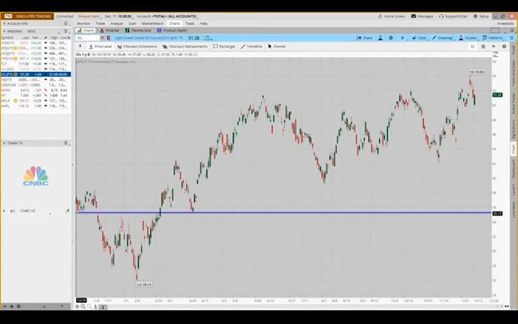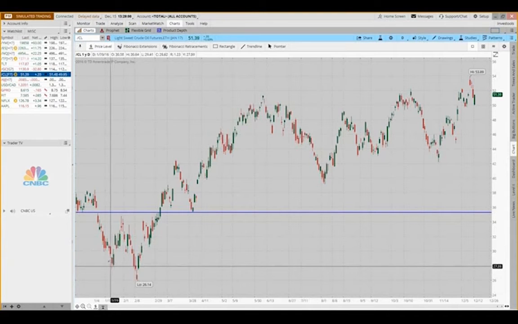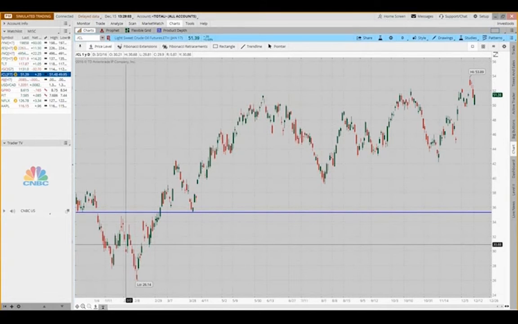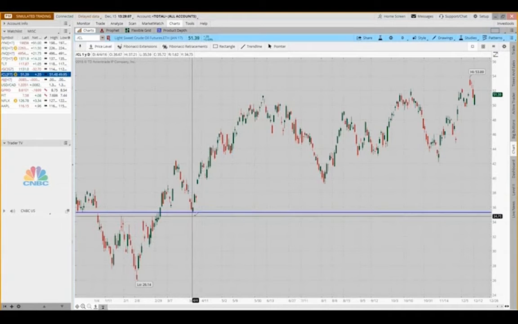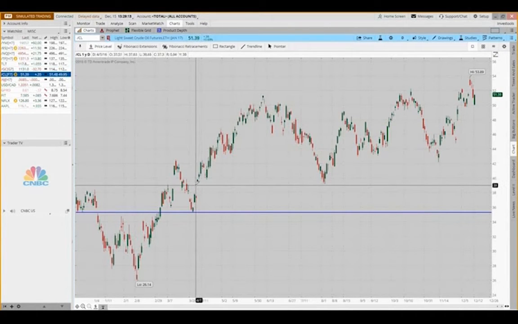Every pivot, whether it's a low pivot or a high pivot, is going to become a future level of support or resistance, okay? And you'll notice here that after trading back and forth for a while, this came right back to this level and bounced off it, okay? Now, what you'll find is that over time, you may have several pivots at the same level.